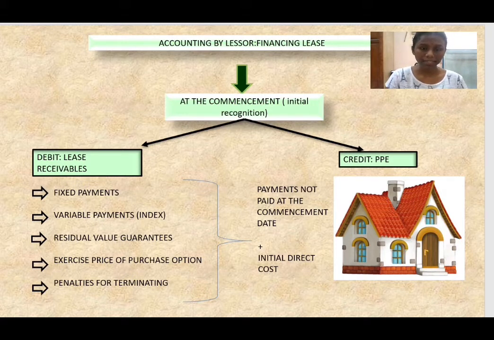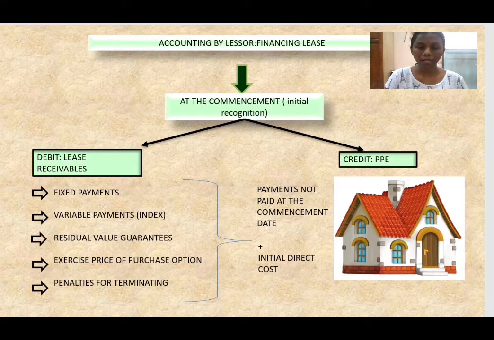So the lease receivable here is the net investment in the lease, and the net investment in the lease is the total of fixed payments, variable payments, residual value guarantees, exercise price of purchase option, and penalties for terminating. All of these items are in fact payments not paid at the commencement date, and they should be discounted and added to the initial direct cost.